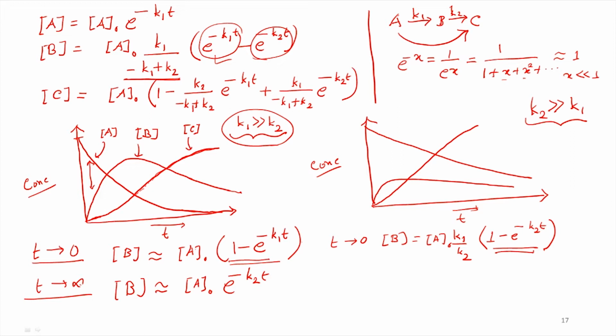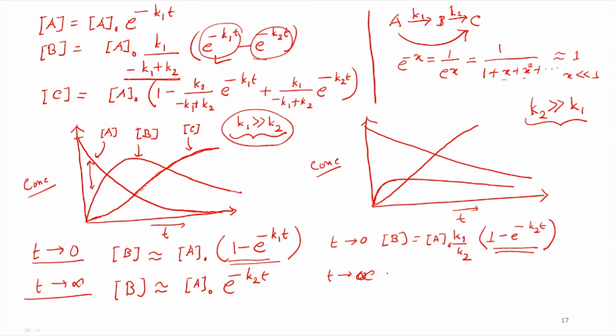So when we have this kind of situation, initially B will rise, of course, but sooner or later what will happen is that K2 is much greater than K1, so that's why we are ignoring this term, making it 1.